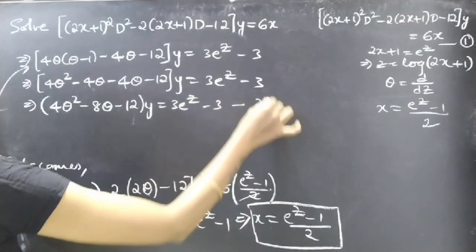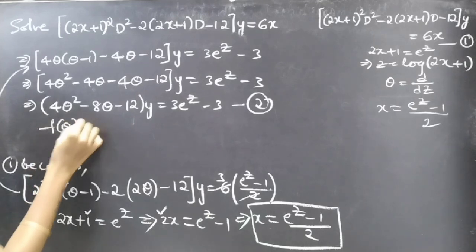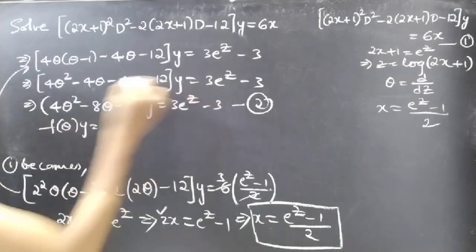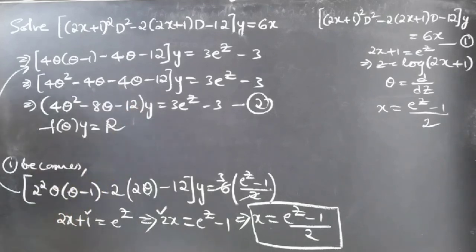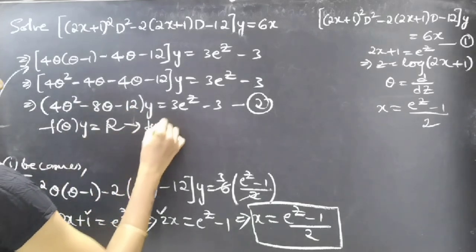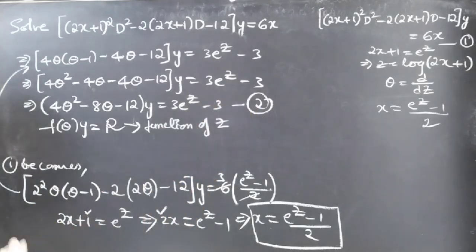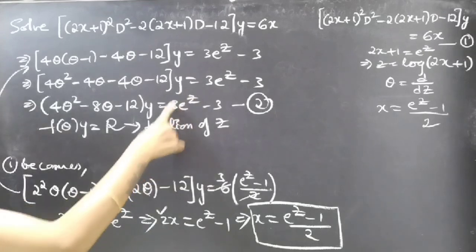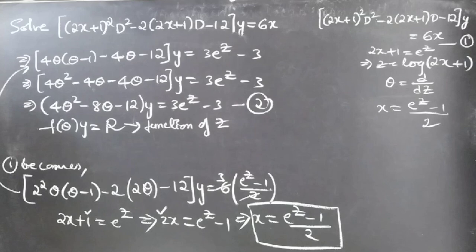Consider it as equation 2, which is in operator form. Say f of theta into y equal to some function of z. Okay, let it be r, which is a function of z. Here we are having a function of z and a constant. Okay, fine.